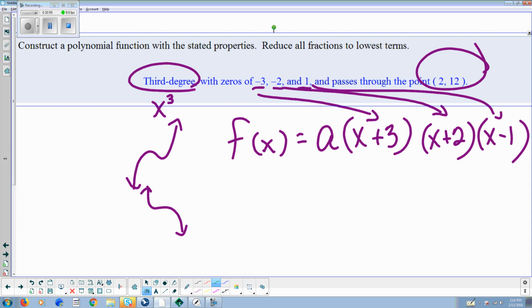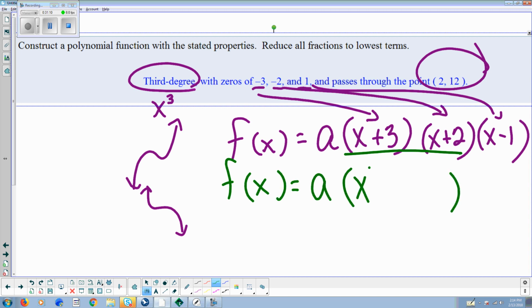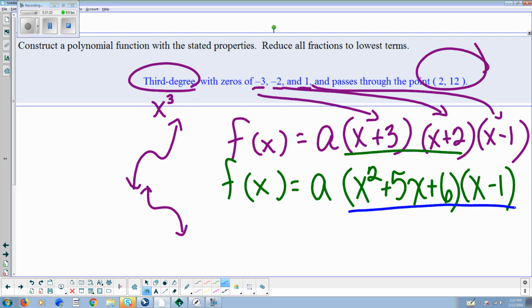Okay, so I'm going to begin simplifying by foiling the first two binomials. So f of x is going to equal a times x squared plus 2x plus 3x is going to become plus 5x plus 6. I'm also still needing to multiply by x minus 1. Next step, I'm going to multiply x minus 1 by that trinomial.